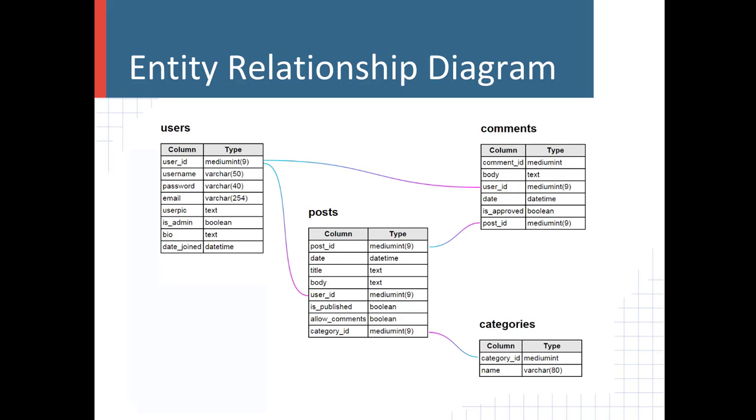This is what's called an entity relationship diagram. So here we have users and posts and comments and categories. And these would be things that you would do in a blog type of content management system, much like WordPress.